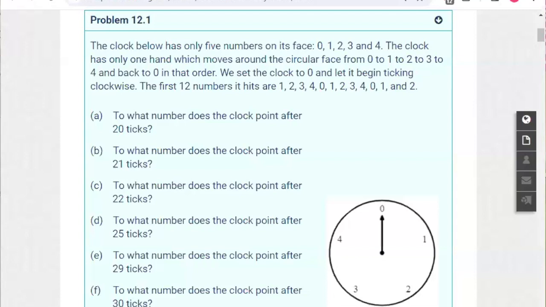Does that make sense? Yeah. So let's write them out. So it's 1, 2, 3, 4, and 0, and then it starts all over again, correct? So if it's 6 ticks, because that was the 5th tick, isn't the 6th tick 1?